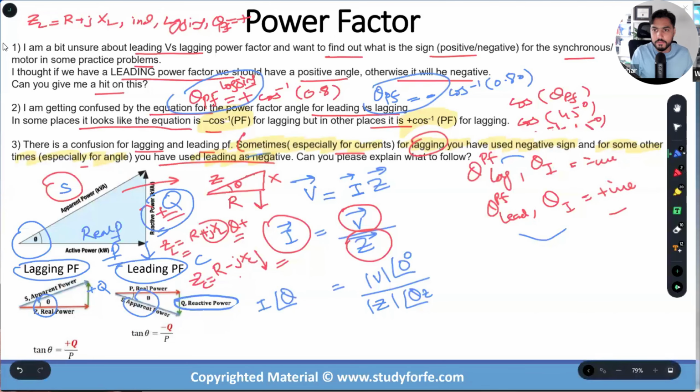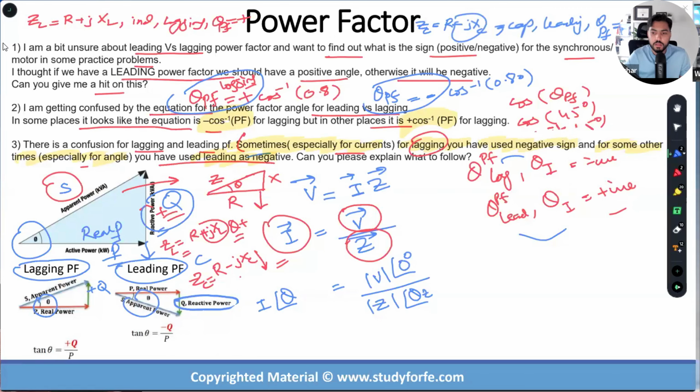On the other side, ZC is equal to R plus jXC, correct? XC is negative, it basically is minus 1 divided by omega C, right? So it will have a negative component. This is capacitive in nature, leading, and because of this negative sign, you're going to have theta power factor negative.